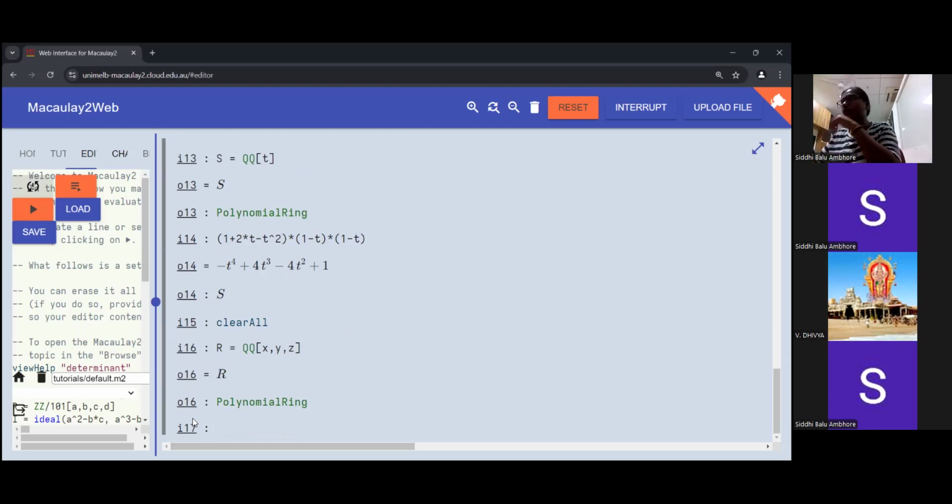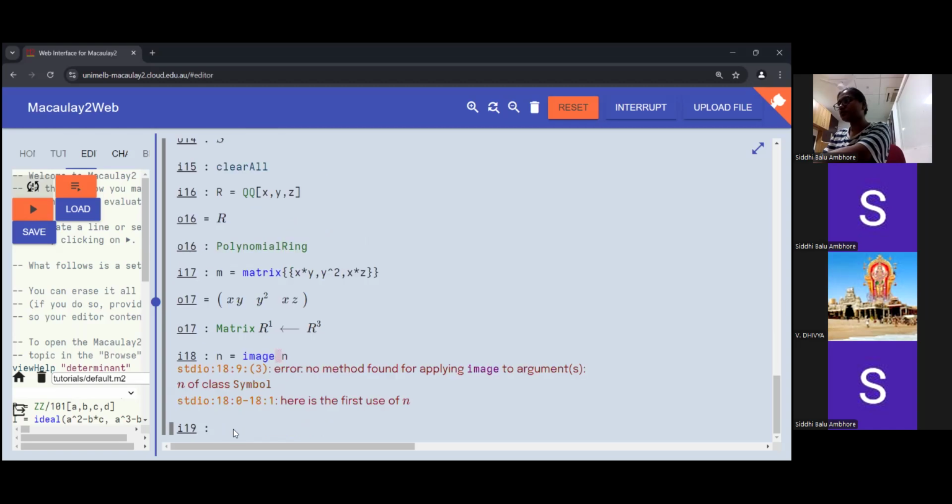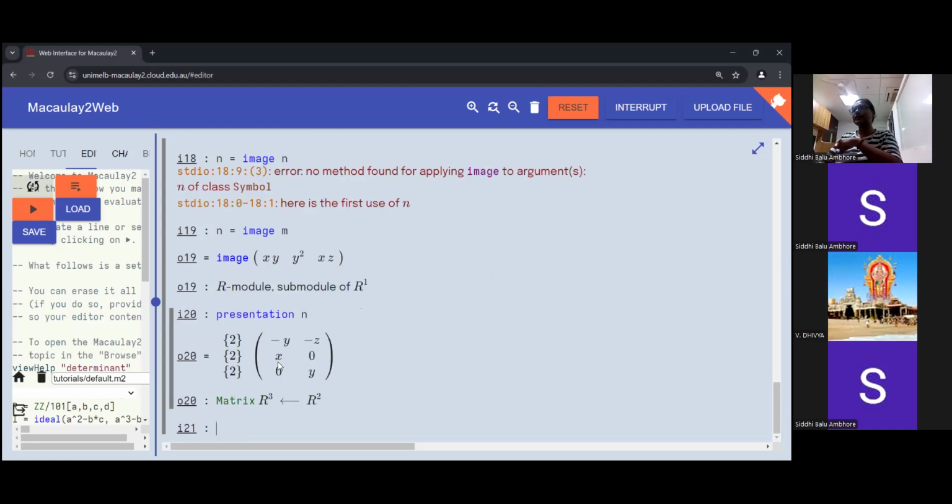So in order to obtain this presentation, I can define this matrix M to be the matrix X star Y, comma Y square, comma X star Z, and N is the image of this matrix, and now the presentation of this N. And this is the exact same matrix which we obtained, minus y x 0, minus z 0 y.